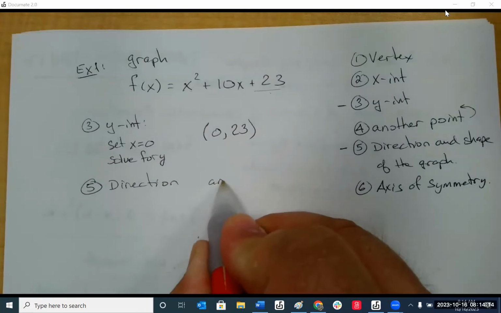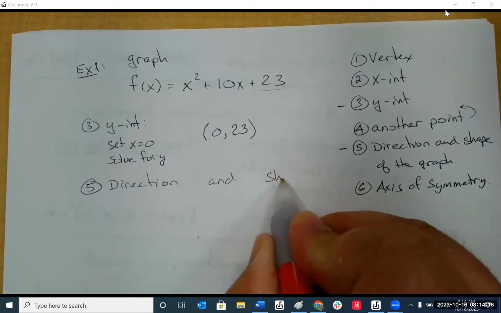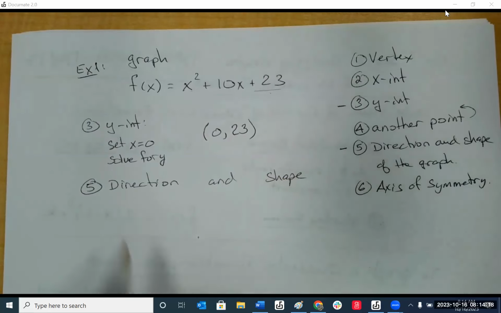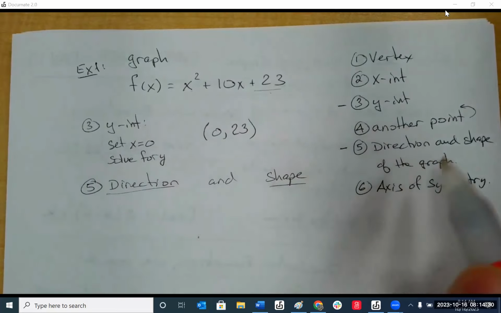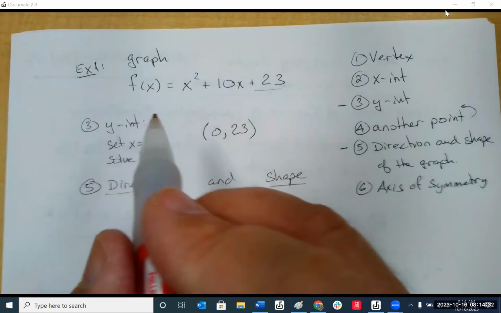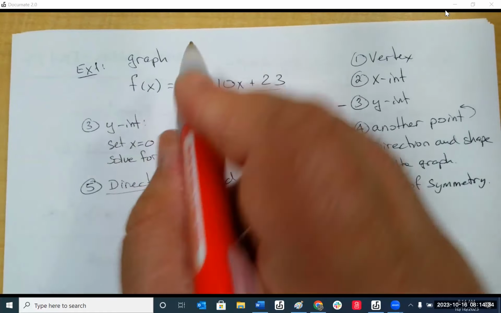The direction and shape. Remember, for our direction and shape, we have to look at the a term.